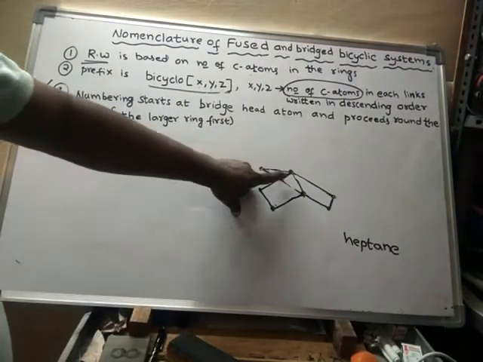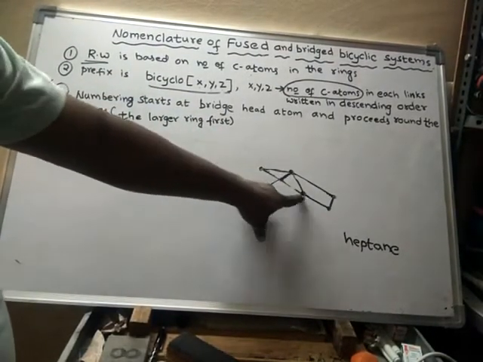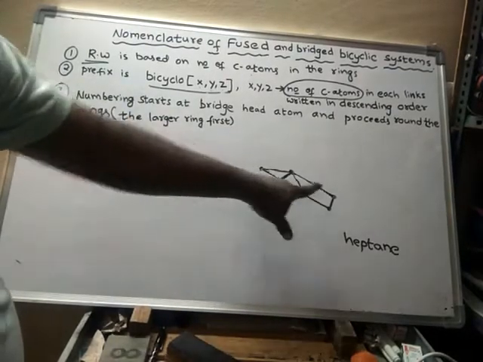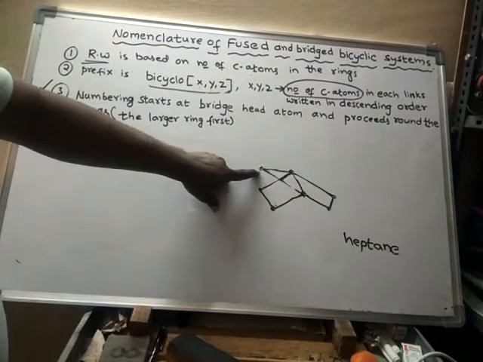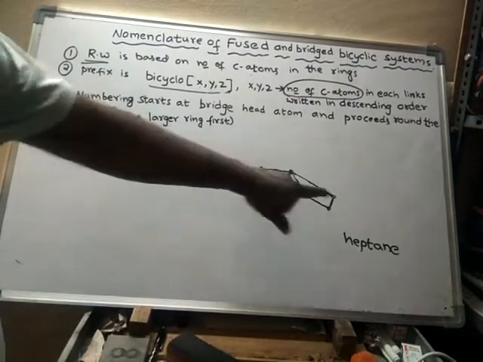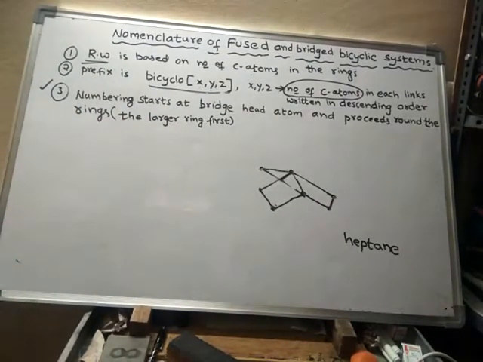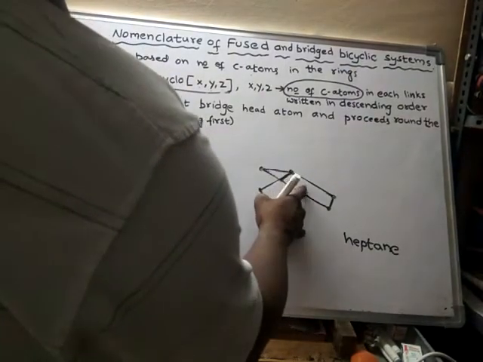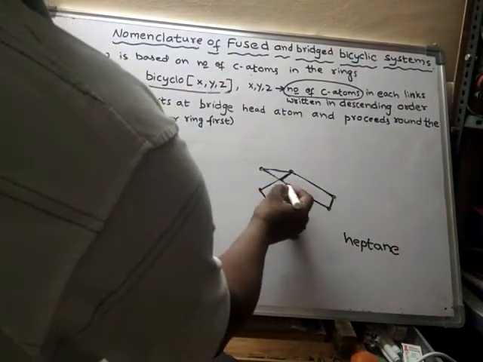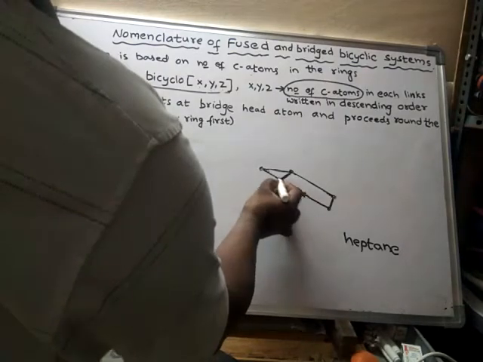Here 3 carbons will become part of this ring and this ring also. Sorry, look here, this is not the linker. So it will be like this.